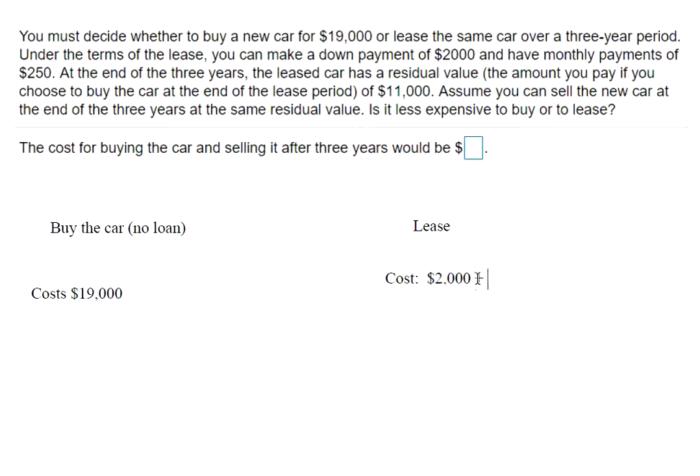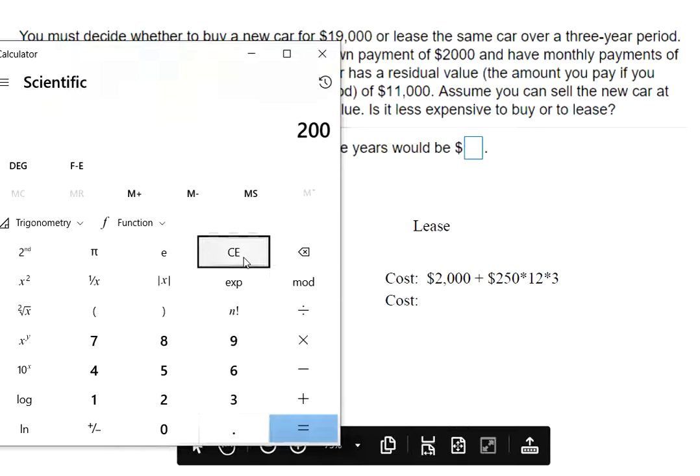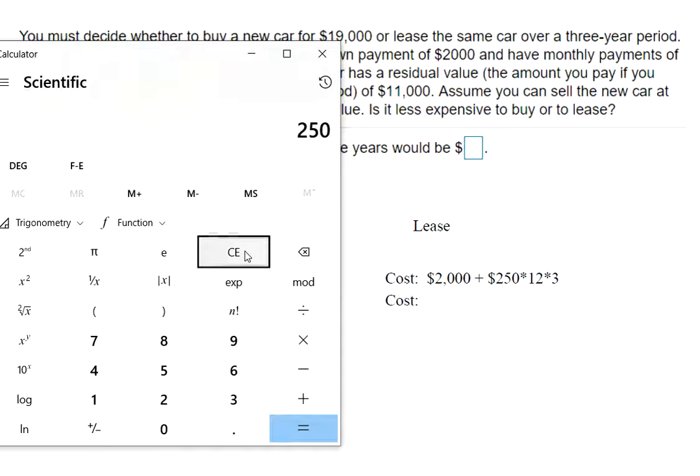So we're going to add that to our cost. But there's 3 years. So $250, we have to multiply that by 12 for the 12 months in a year, and then multiply by 3 because there's 3 years total. So the cost of this lease is going to be $250 a month for 12 months for 3 years plus the $2,000.